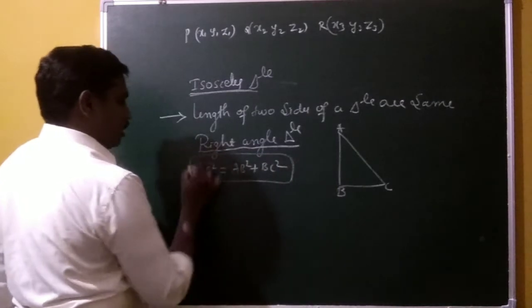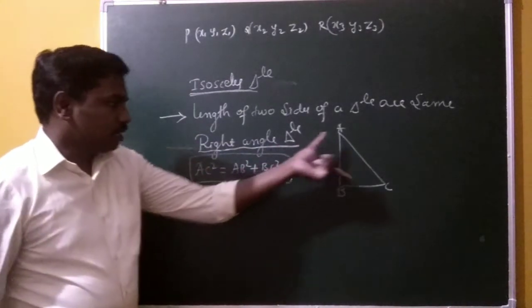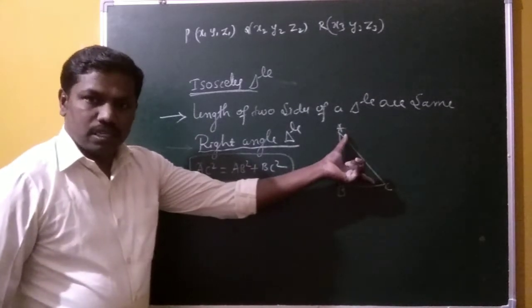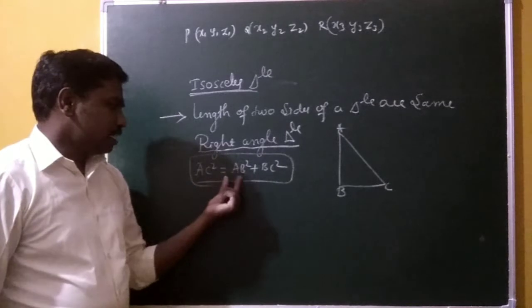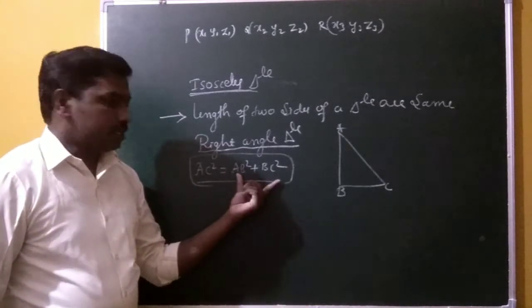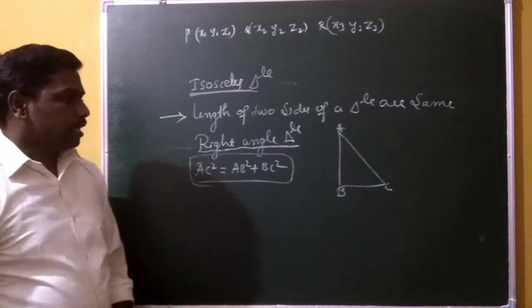This is the proof of the Pythagoras theorem. So the square of the distance of the hypotenuse is the same as the sum of squares of the other two sides.